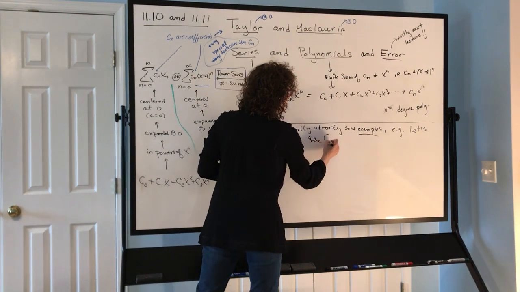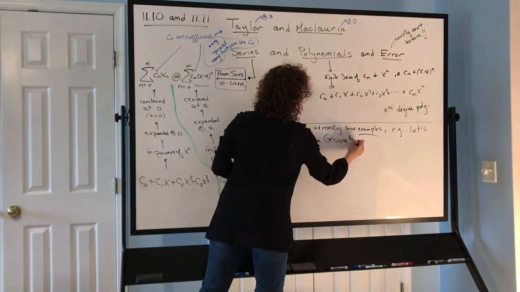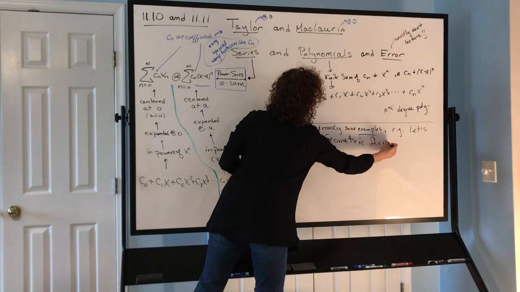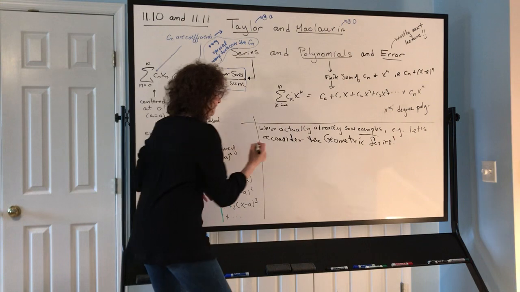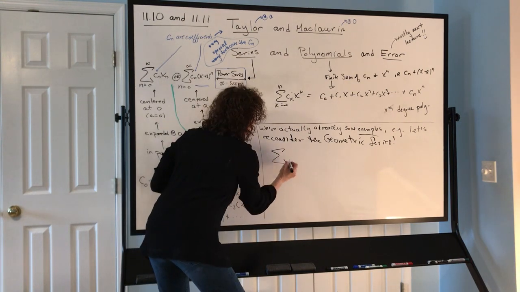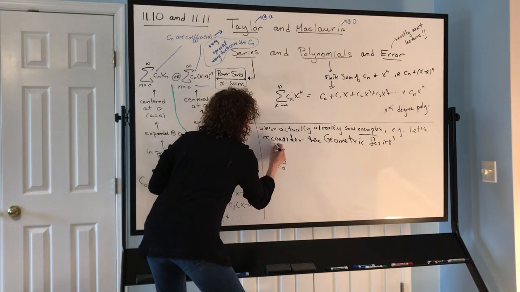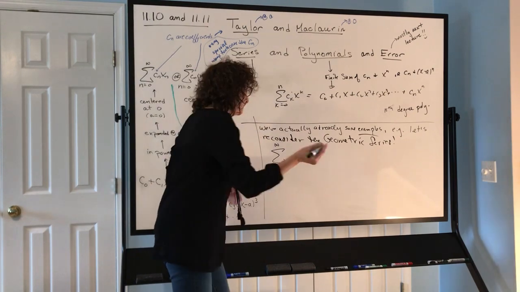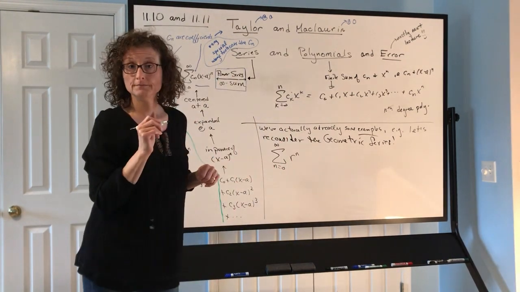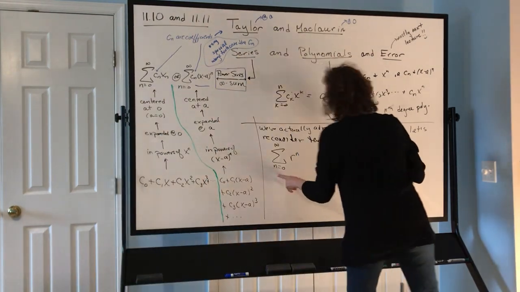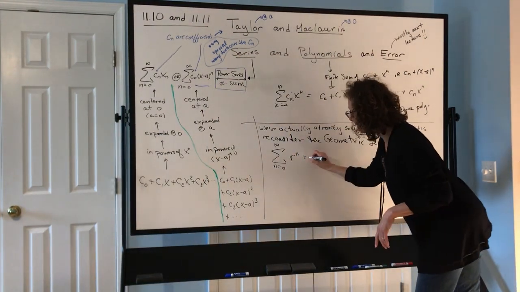So, for example, let's reconsider the geometric series. Remember what the geometric series was, guys? The sum from n equals 0 to infinity of r to the n. What did we get? When n is 0, we got 1.